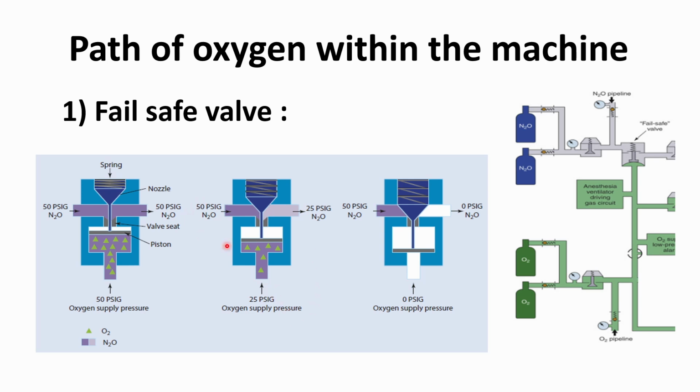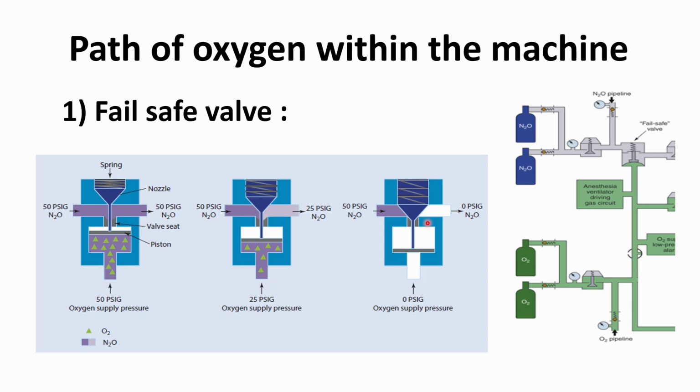If this pressure drops to 25, it will partially close. If this pressure drops to zero, it will stop delivering nitrous oxide, preventing delivery of a hypoxic mixture to the patient, saving the patient. And this will allow the patient to wake up within a few minutes with less hypoxia.